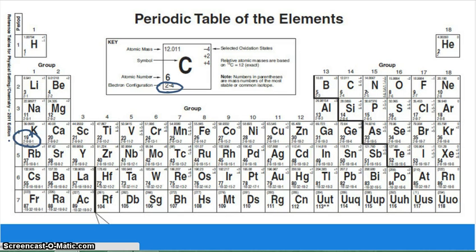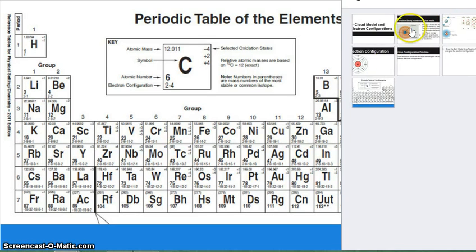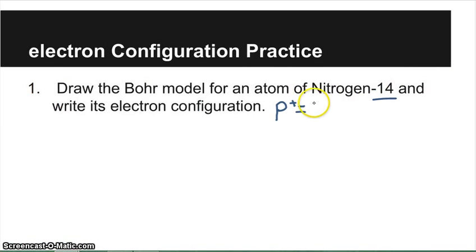Nitrogen is up here, where it is number 7. Since its atomic number is 7, nitrogen has 7 protons. If we write out our isotope with the number behind it like this, that 14 is our mass number. To get the mass number of an atom, you take protons plus neutrons. So 7 plus 7 gets me to a mass of 14.